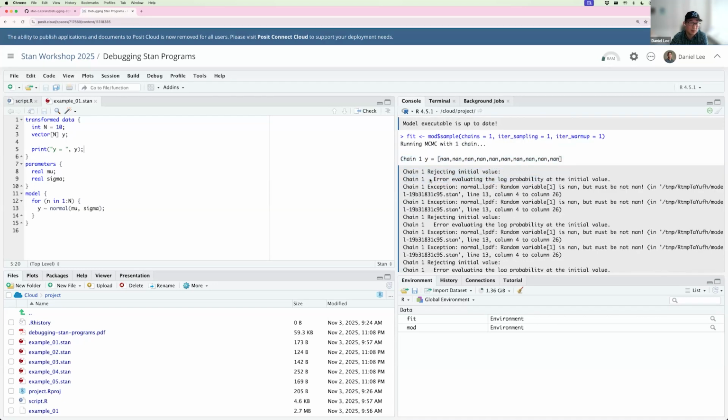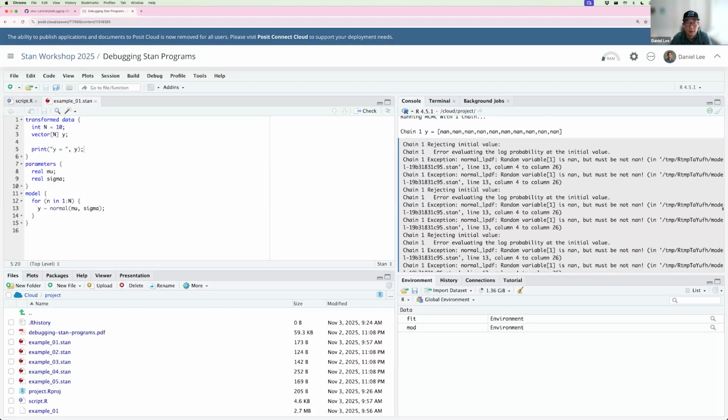What's happening here is that Stan is going to take this and try to initialize a model, and it's going to pick a random starting point for mu and a random starting point for sigma. It's going to try evaluating that, and it's running into an exception: normal LPDF random variable is NaN. And it's going to reject that first initial value. It's going to reject the second initial value.